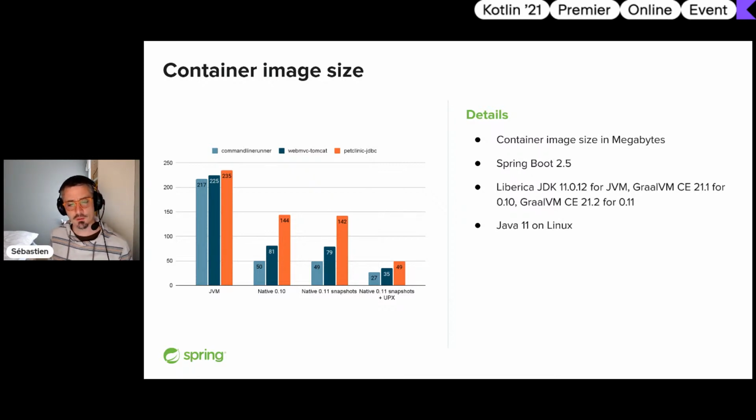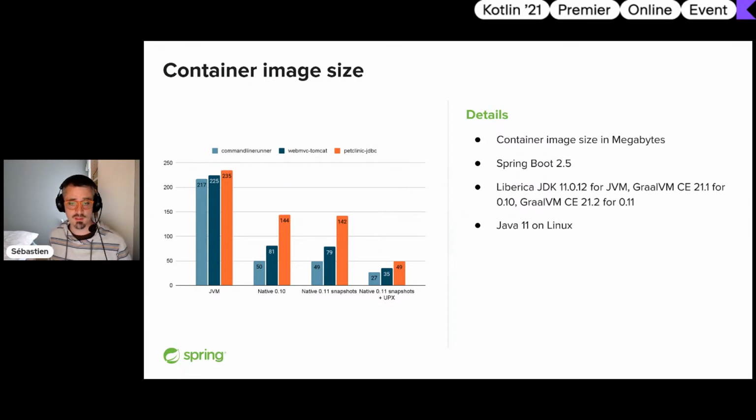But there is a new feature in native 0.11, which is support for UPX compression. UPX is a very powerful compression algorithm, and we allow you to compress your container image with that, and that allows you to have, for example, a container image with the operating system and your native executable with everything included in less than 50 megabytes.